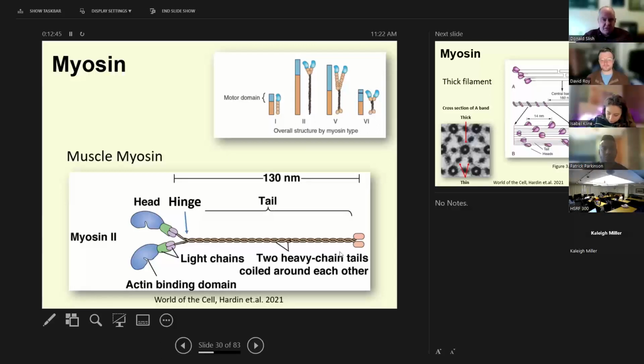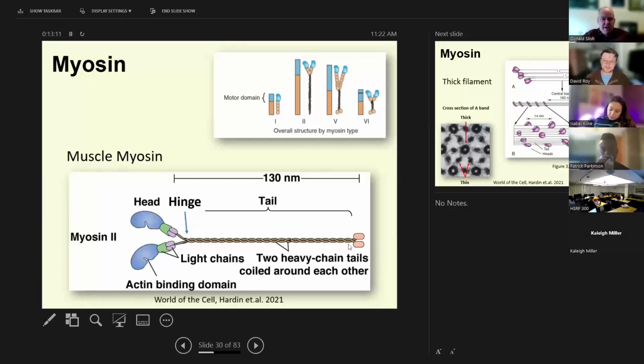So we've got several parts of this structure that are important. First of all, you've got your head region, the globular head. By the way, can you guys see my cursor moving around? Yes? Okay. So you've got your globular head, and that's what binds the actin and binds ATP. That's kind of the business end there. And then you've got a hinge region where it flexes based on whether it's phosphorylated or not.